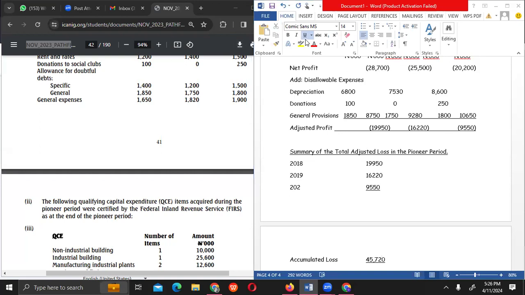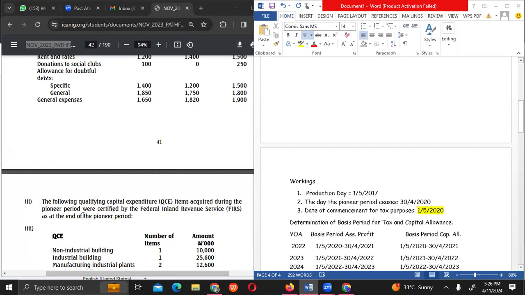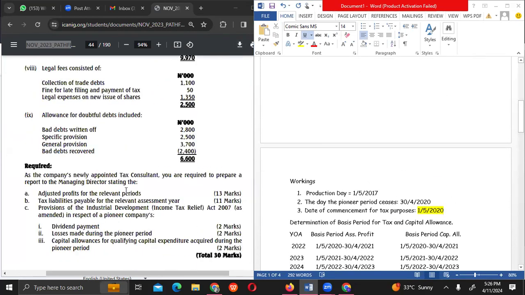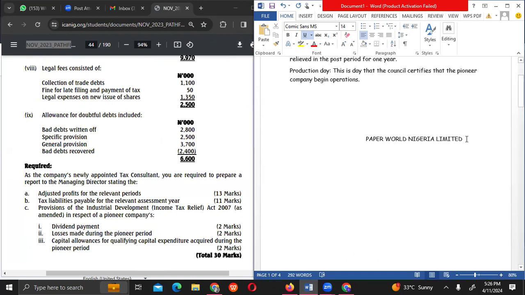All right. So if that's clear, let's now come and solve our question. Question says we should first determine the adjusted profit for the relevant period. So let's say determination of adjusted profit for 2022 year of assessment, right?